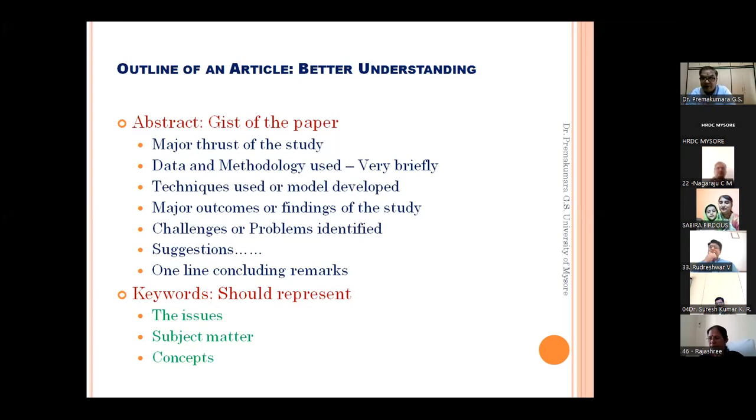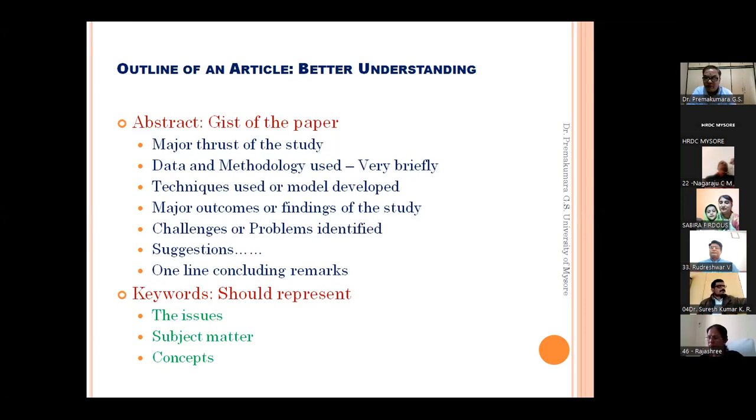If you have developed any new techniques or any new models, you can take one more extra sentence to explain that, because that may be the new one that you have developed. For example, in recent days we are talking about structural equation models, which are very popular these days, particularly in social sciences.